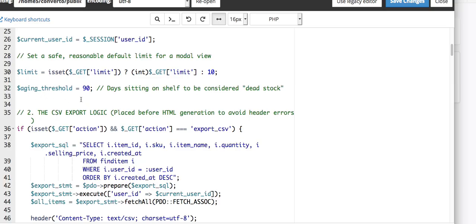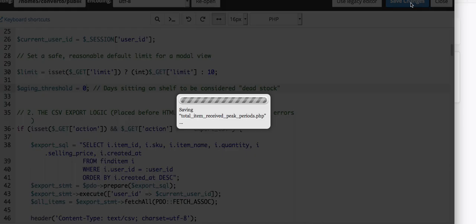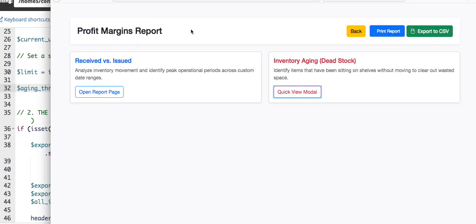Then you have your terms right here, look, 90. So the days sitting on the shelf to be considered deadlock is sitting there 90 days. So if I took out, let's see, if I made this like 0, let's see if it'll work out for you. I'm going to have to refresh.